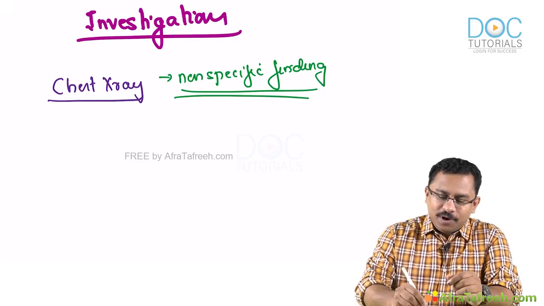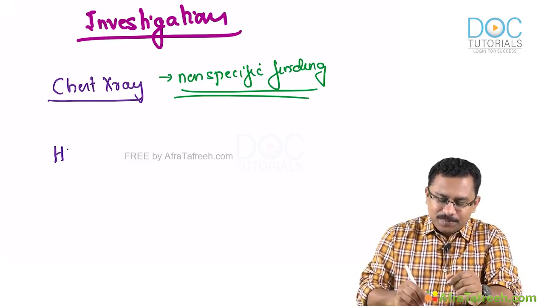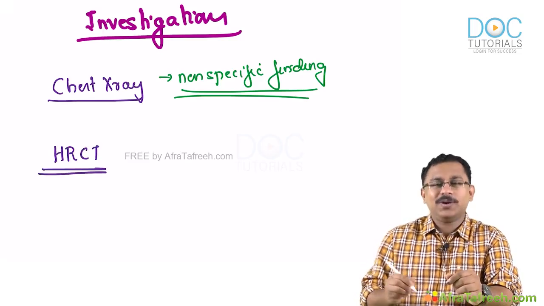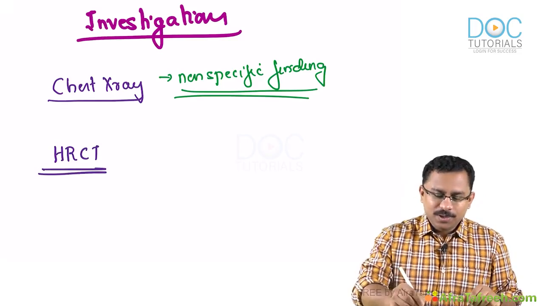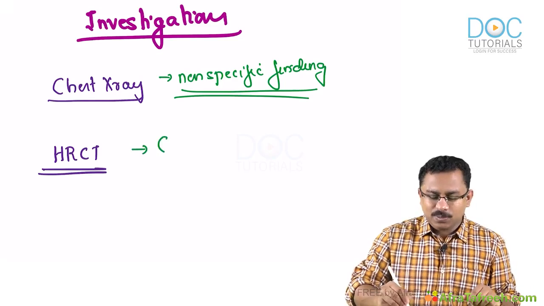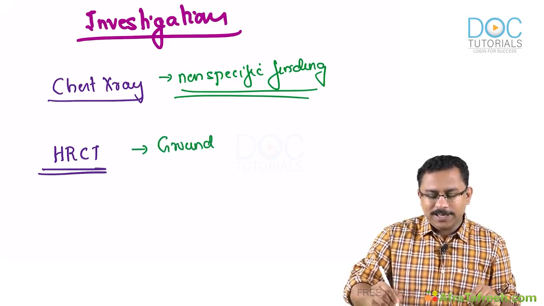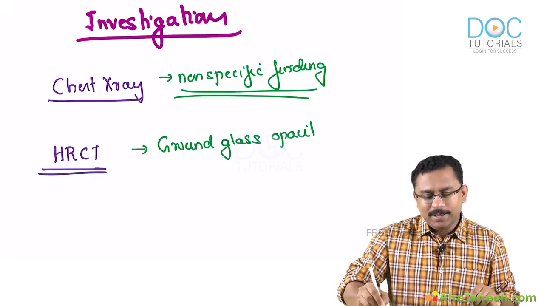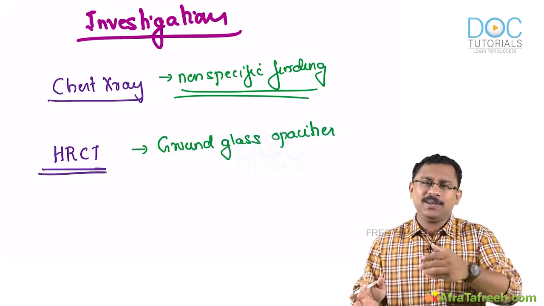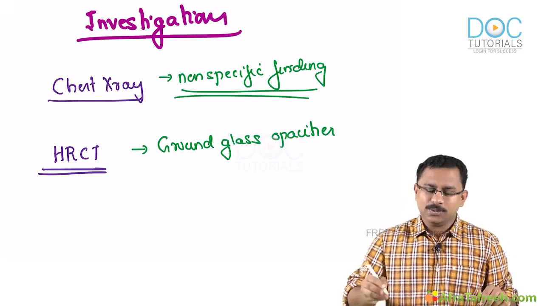Well, you can go for your HRCT, which I feel is a very useful technique. HRCT would show two most important findings. One is ground glass opacities, which are again not specific to this entity. You can see them in other conditions as well.